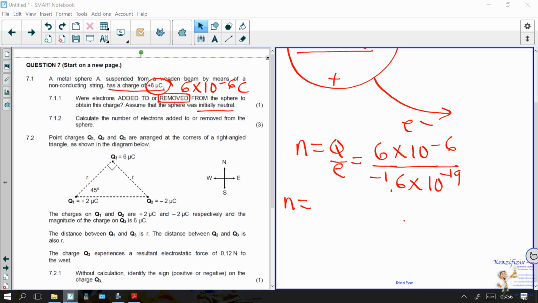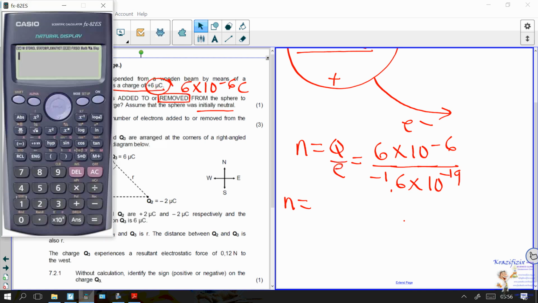All right, so let's run to our calculator like we always do. 6 times 10 to the power negative 6 over negative 1,6 times 10 to the power negative 19. That constant is on the formula page, so just run to the formula page and quickly check.